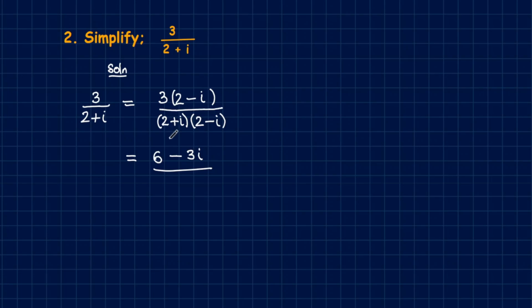we can just redistribute using the distributive law here, and we have 2 times 2, we get 4, and 2 times -i, we get -2i. Then i times 2, we get +2i, and negative times positive is negative. 1 times 1 is 1, of course. i times i is i square.